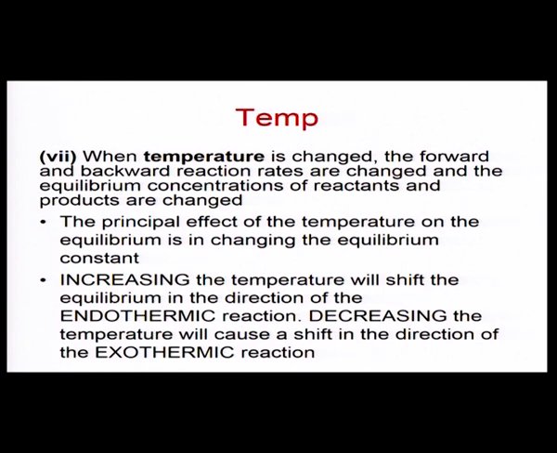If you change the temperature, then the equilibrium constant value also will change. Increasing the temperature will shift the equilibrium in the direction of the endothermic reaction, and decreasing the temperature will cause a shift in the direction of the exothermic reaction. So, depending on whether a particular chemical reaction is endothermic or exothermic, we have to alter the temperature, either decreasing or increasing, to attain chemical equilibrium at a faster rate. Suppose we apply heat in the opposite direction, it will not achieve equilibrium and there will be difficulty.